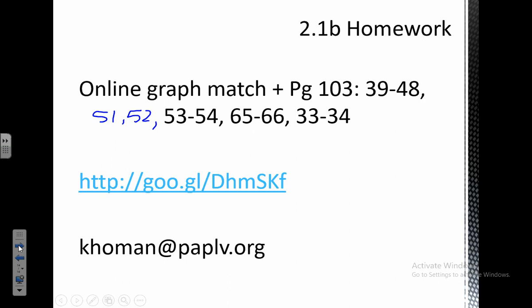If you want the website to tell you that you are right, you would need to do it on a computer. But you can do it on your phone, snap a picture, use the drawing tools to match them up, and then email that to me. That's part of your homework, as well as the book work. Are there any questions?